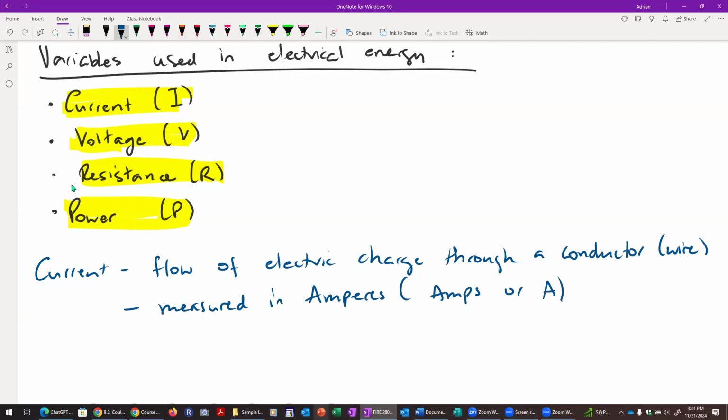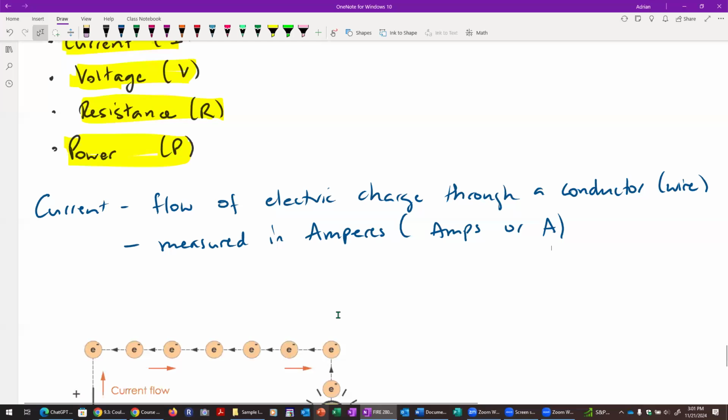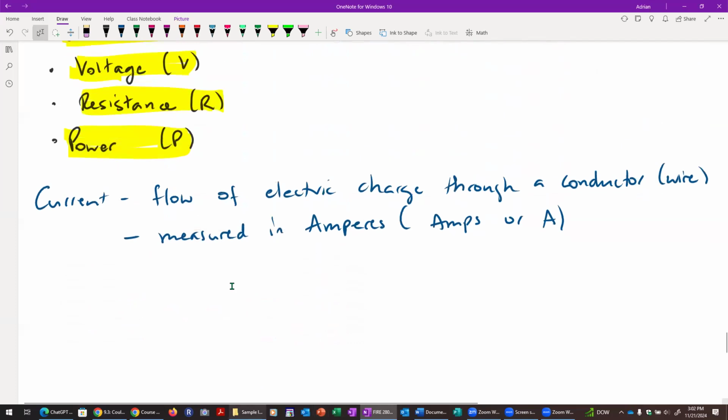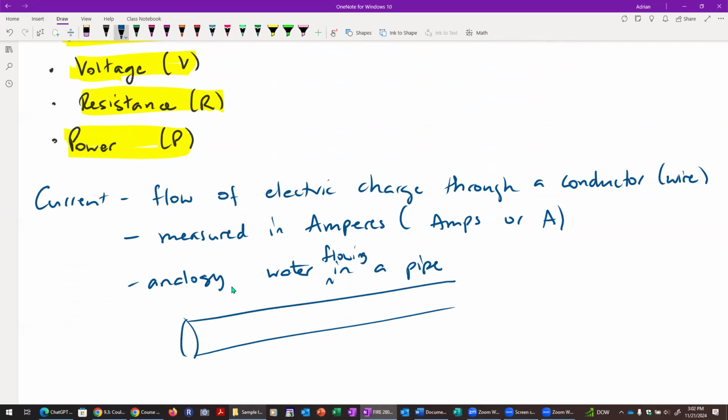You can think of an analogy to current as the following. Imagine water flowing through a pipe. There's the pipe, and there's the end of it. I have my water coming through here, and then it's flowing through to the other end.